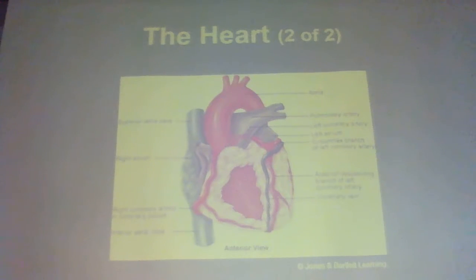So what would happen if I had changes in leads 1, 2, 3, and 6? 1 and 2 are septal, 3 is anterior, 6 is lateral.